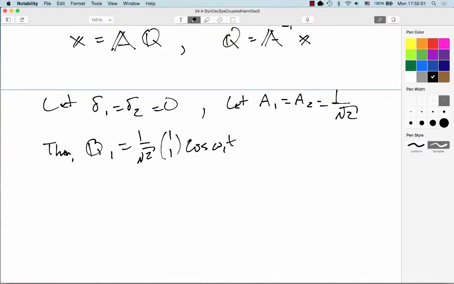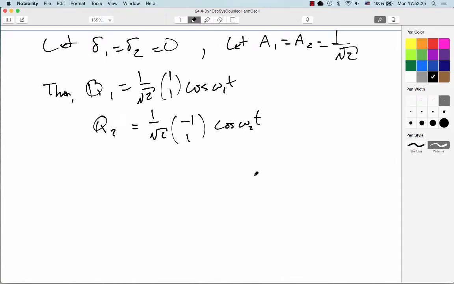So we're getting that just from directly observing, based on our experience, that we should have a symmetric mode of oscillation. And we could also directly write that our q2 is 1 over root 2, (minus 1, 1), cos omega 2 t, on the same idea.